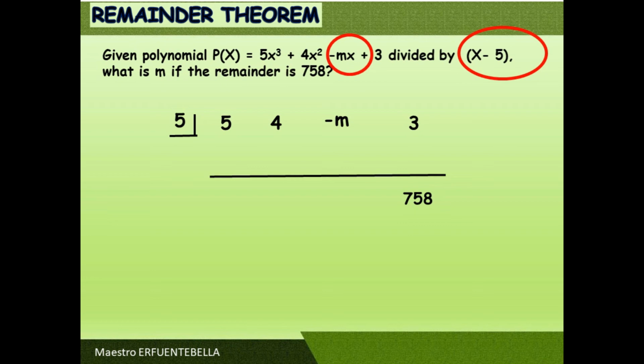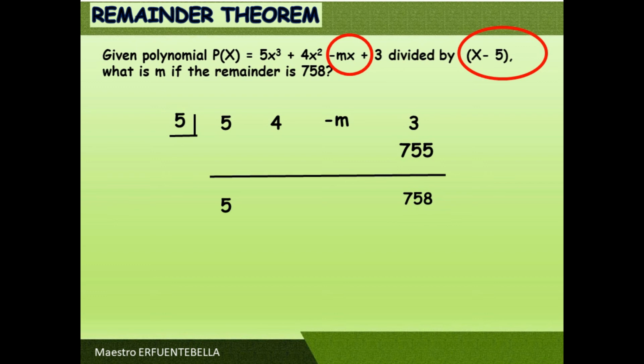So we write 758 and we will think of a number to be added to 3, because the operation between these is addition, so that the resulting sum is 758. So what do you think the number to be added to 3? Okay, very good. It's 755.